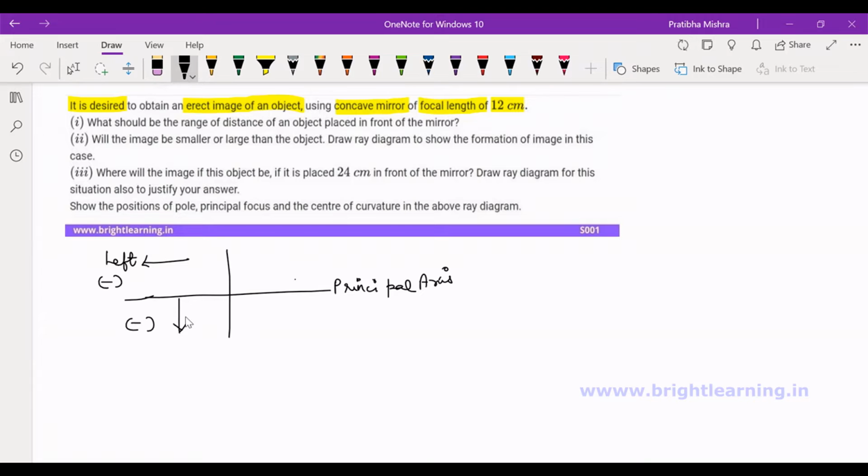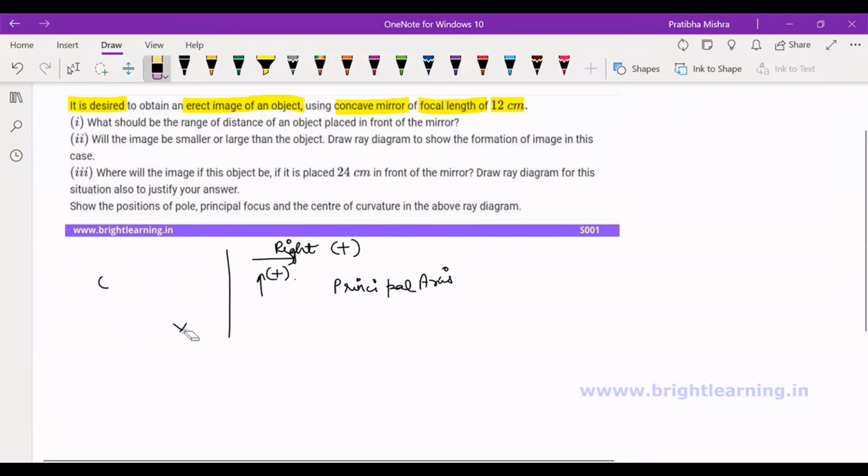Anything below or down the principal axis. Anything to the right hand side is going to be positive, and anything above the principal axis would also be positive in its values. Now, according to this sign convention only, we are going to solve this question.